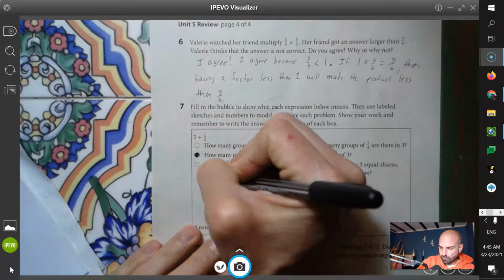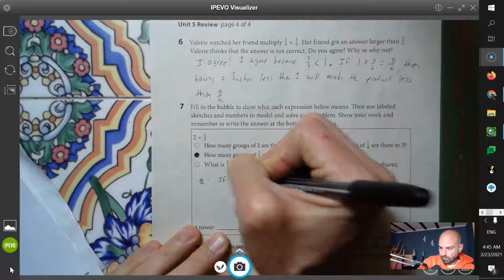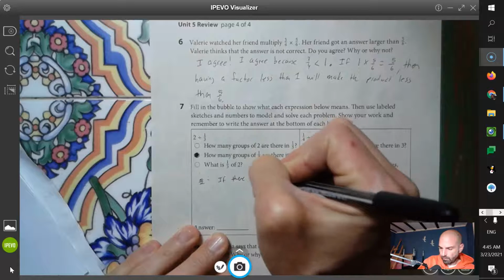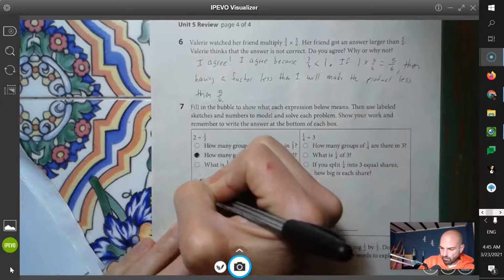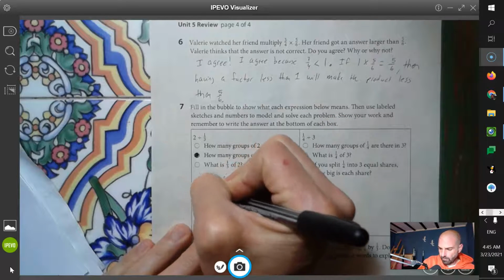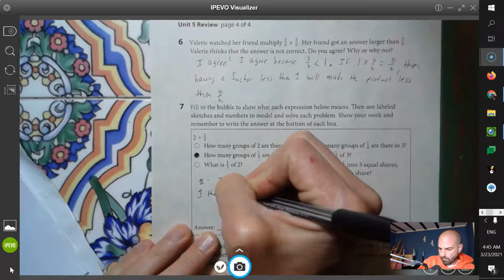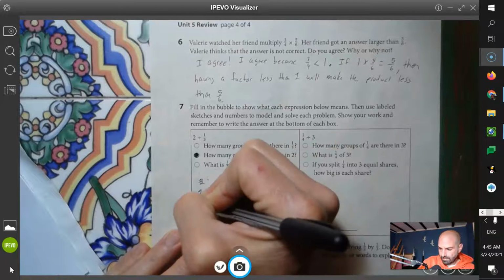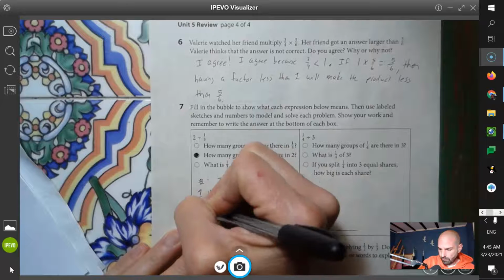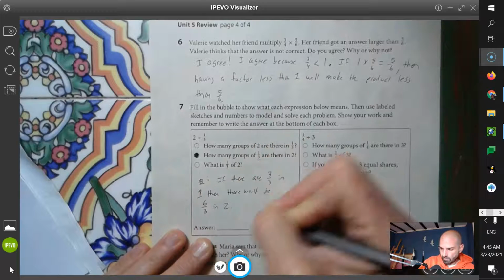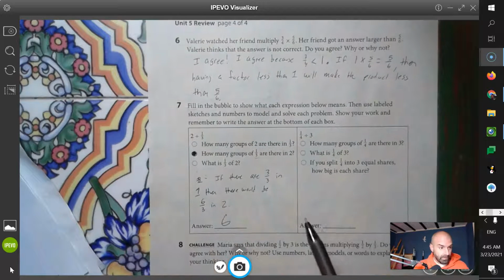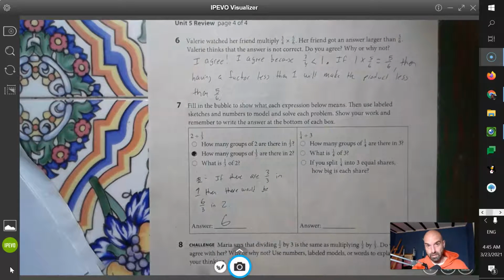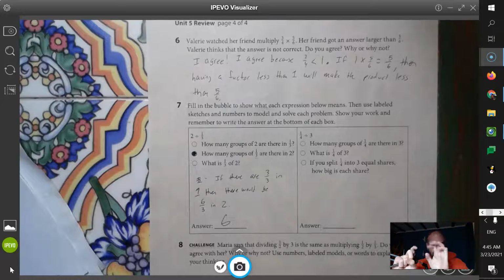So I'd say if there are 3/3 in 1, then there would be 6/3 in 2. So it would be 6. Wouldn't be 6/3. It would be 6. There are 6 1/3s in 2. 1/3, 2/3, 3/3, 4/3, 5/3, 6/3, 6.